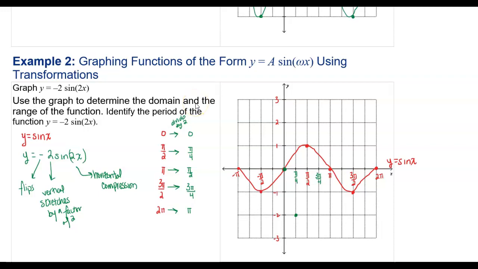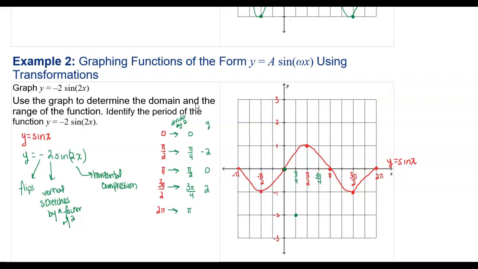now it's important to note here, our y's, everything shifted. So if we were at 0, we stayed at 0. But positive 1 went to -2. 0 is still at 0. -1 is now at +2.